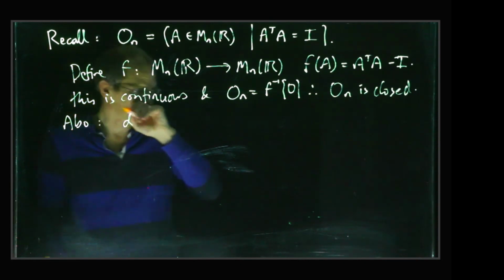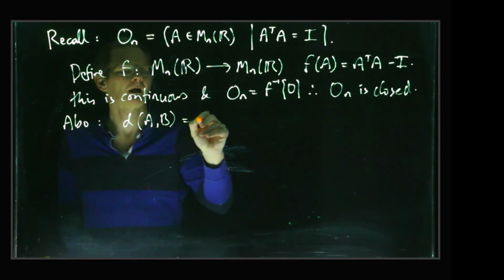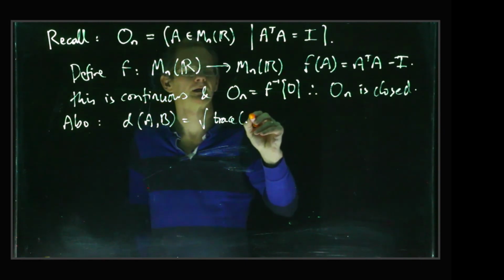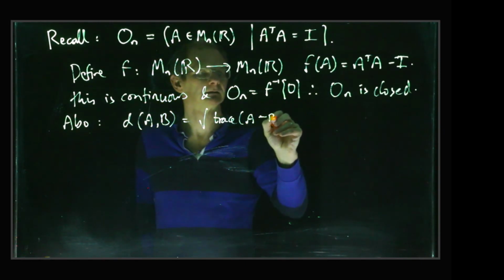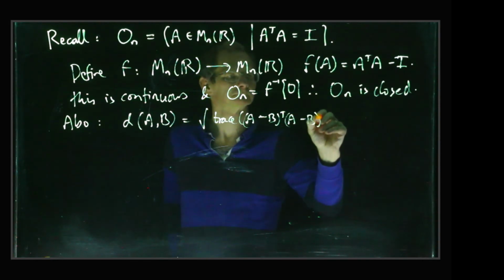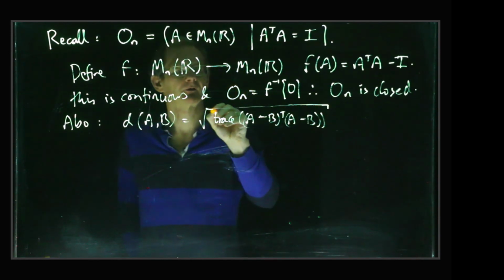Remember that in the matrix space, the distance from A to B is the square root of the trace of (A minus B) transpose (A minus B). So we mentioned this story before.